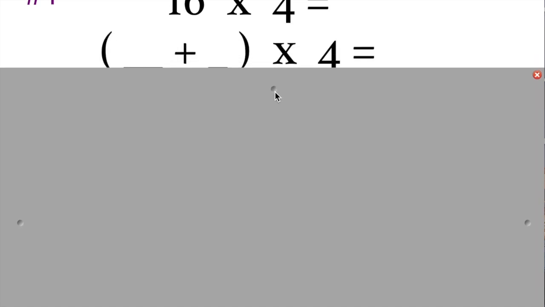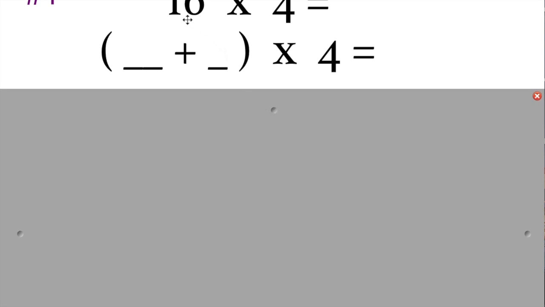So, distributive property, question number 4, write down 16 times 4. In order to be able to distribute the 4, you're going to have to do something with that 16. And I've helped you here. What was that first step we did with the 16 into expanded form?